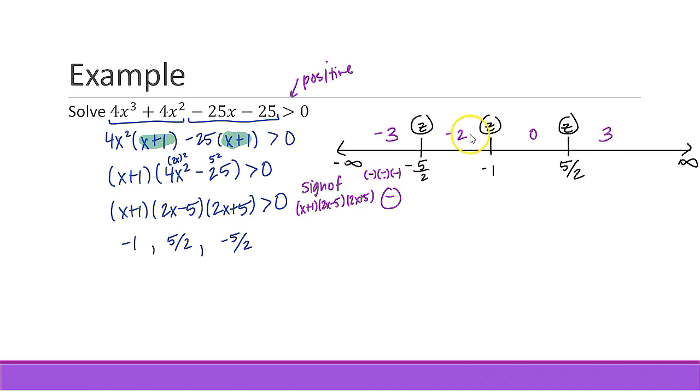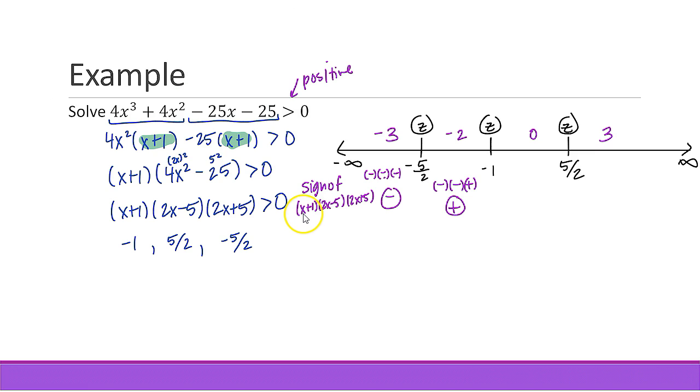When I plug in negative 2, we're going to get negative 2 plus 1, so that's a negative. Negative 2 times 2, that's negative 4 minus 5, negative. And then negative 4 plus 5, that is positive. So the two negatives cancel, give me a positive, times a positive, that's a positive overall.